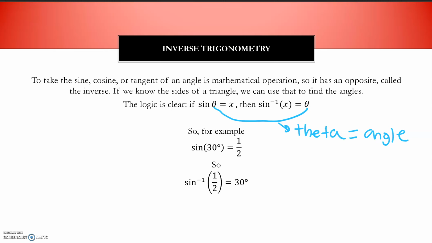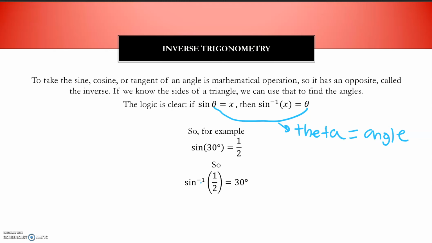Okay? So again, that says sine of angle, so sine of theta, which is an angle. So if sine of angle equals x, then the inverse sine of x equals the angle. An example that you will see quite often, it's one of the easiest ones to remember. Sine of 30 degrees is 1/2. So I know that. So if I hand you 1/2, you can do the inverse sine and get 30.